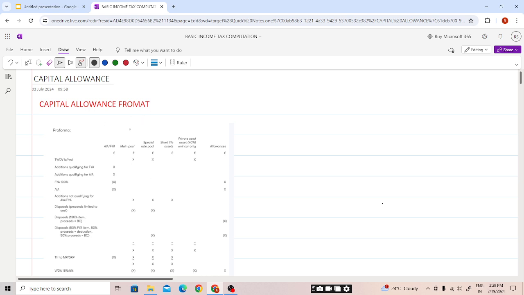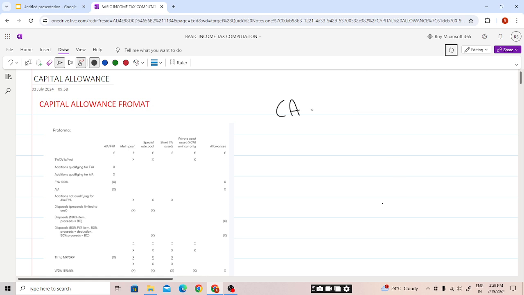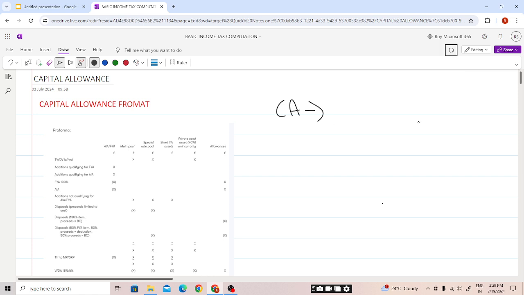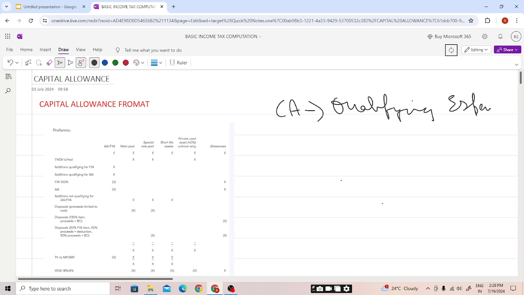Capital allowance format. As we have seen, students, capital allowance is available on qualifying expenditure. I hope this is clear, students.